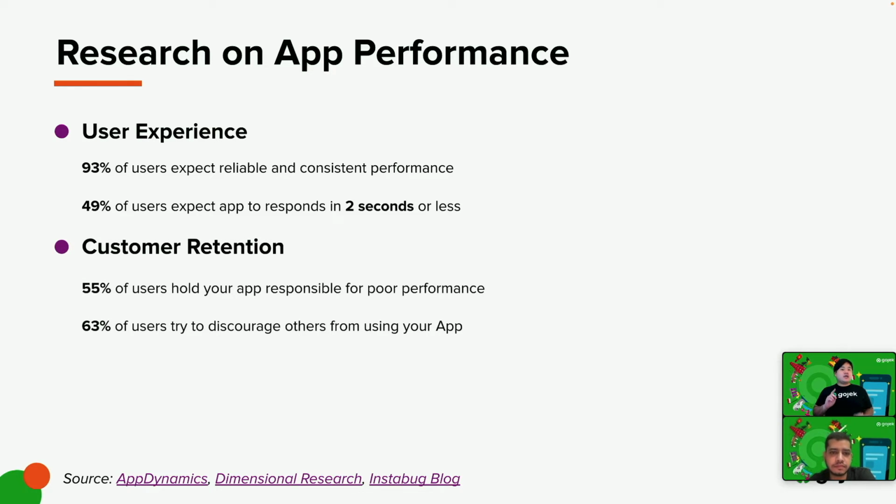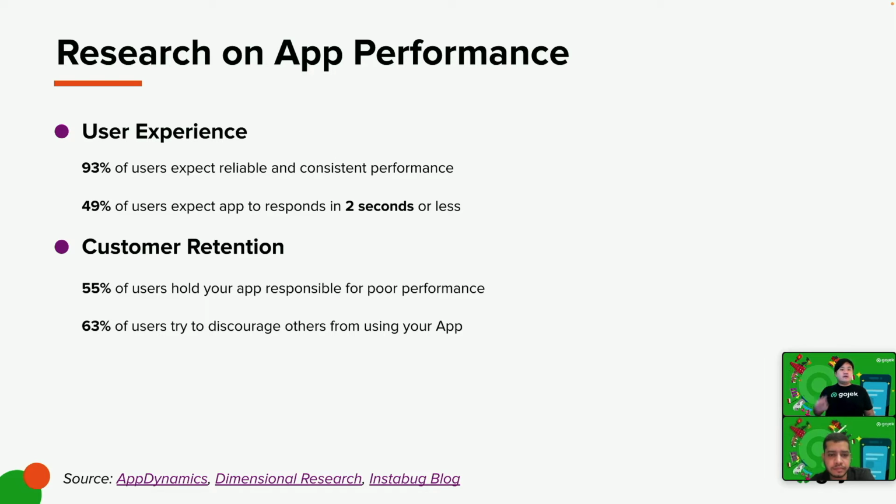Second one is customer retention. 55% of users will hold your app responsible for the poor performance, not their device or their network. 63% of users actively try to discourage others from using a service or brand if they have a bad digital experience.